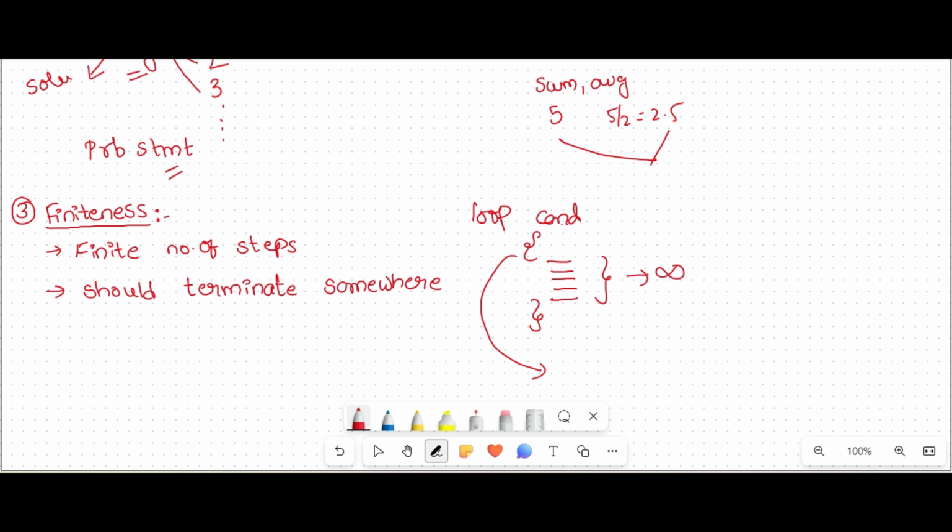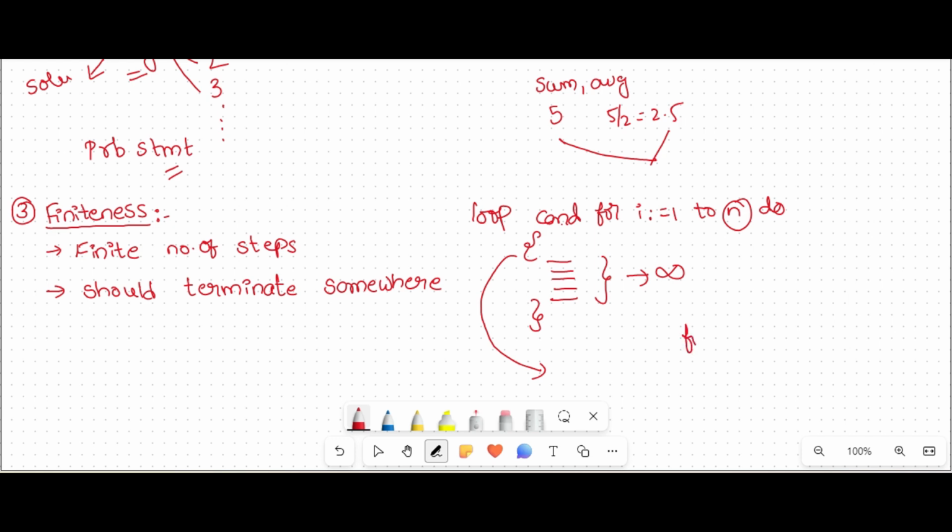So that means here, for example, generally we are writing for i = 1 to n, and some statements here I have written. Based on the n value, these statements will execute those many number of times.